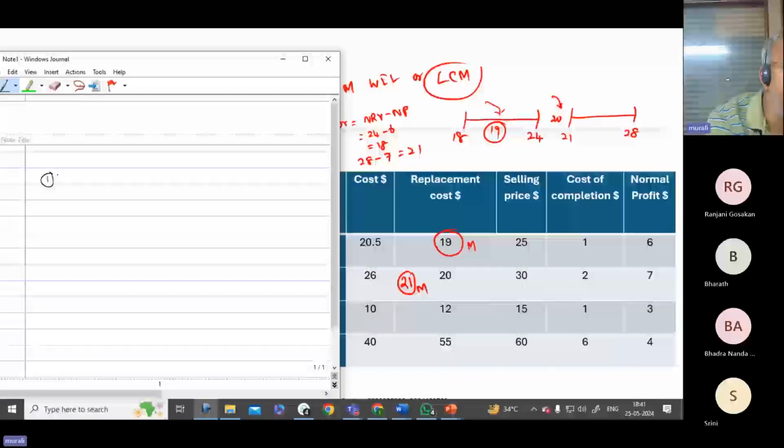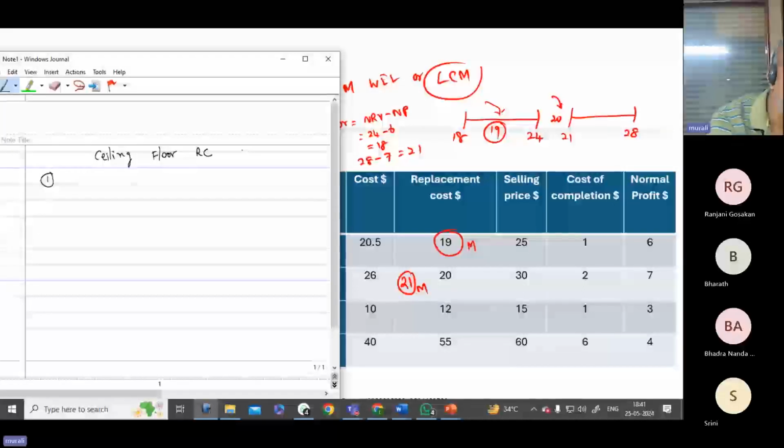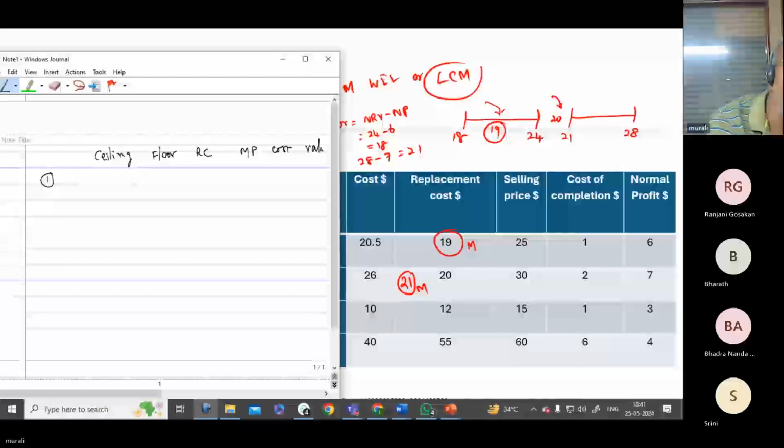For the first item, whenever you have this sort of problem coming up, you take up what is ceiling, what is floor, what is the replacement cost. Depending upon that, you arrive at the market price, cost, and the final value.